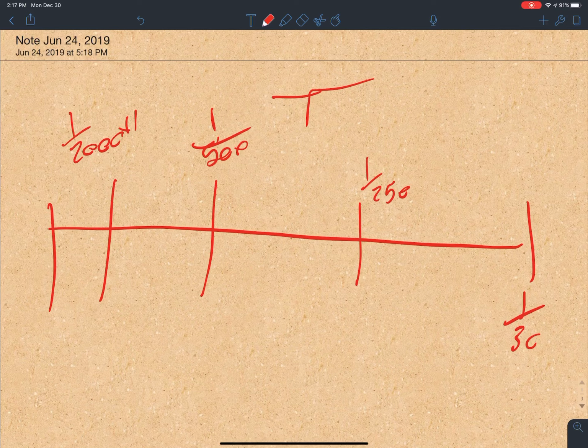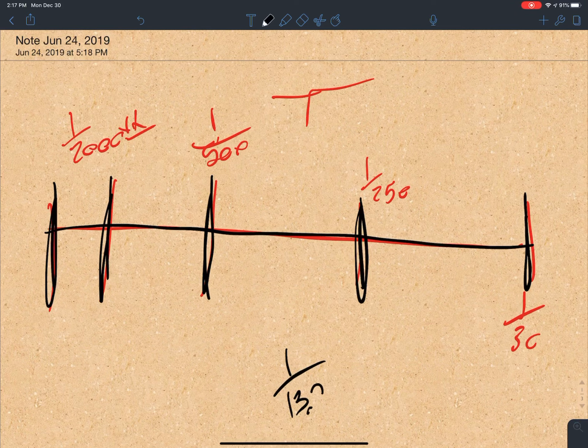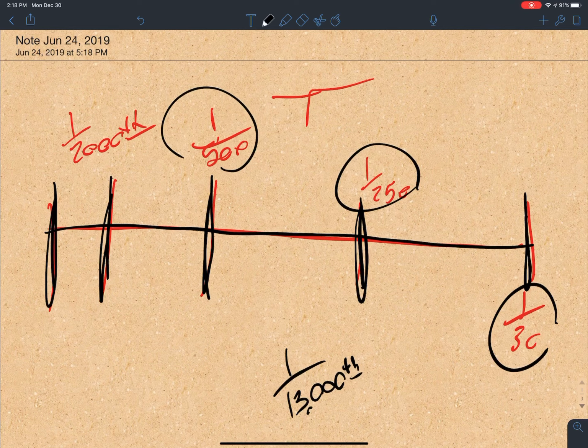This is the reason why, when you change your shutter speed, it confuses the hell out of people. When you change your shutter speed, let's draw this, there you go, it doesn't matter where I'm at here, since the typical speedlight flash duration is on average about 1/13,000th of a second. It doesn't matter whether you change your shutter from 1/30th or 1/250th or 1/500th.